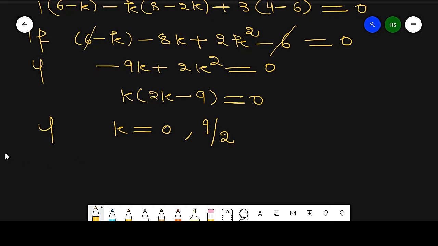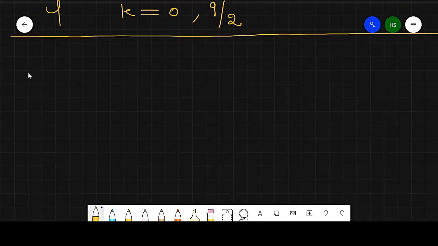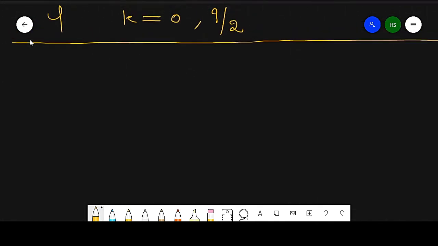Now this is the first question on homogeneous linear equations. Now the second question.